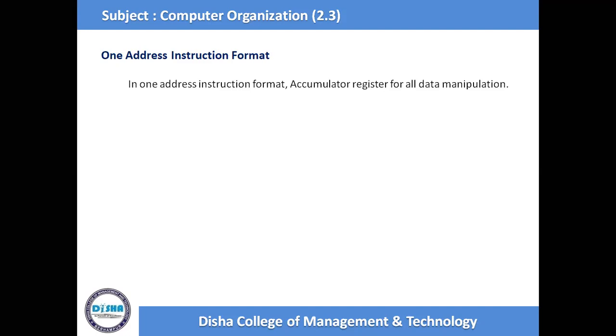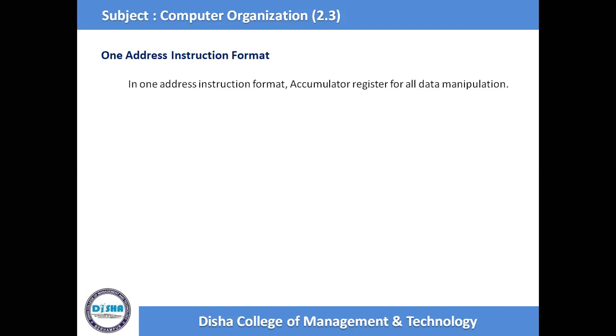Everything is called data manipulation, and every data manipulation activity can be done with the accumulator register. That means there is no question about processor register or memory address in the case of the one address instruction format. So in the one address instruction format, the program size is bigger as compared to the two address or three address instruction formats respectively.